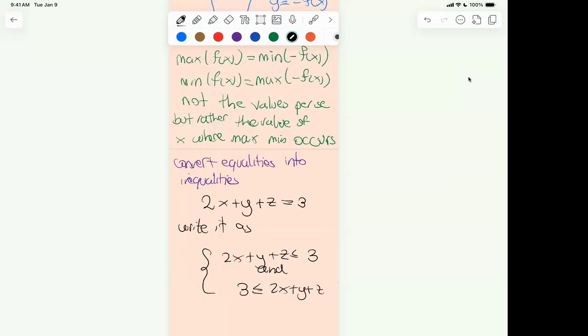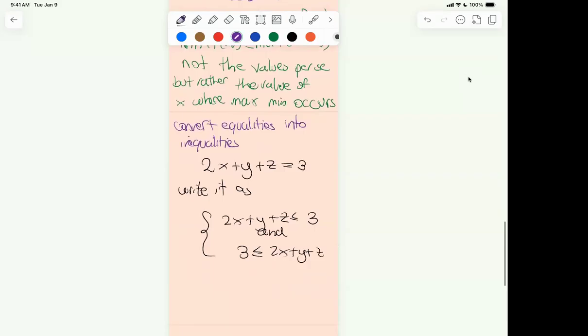I'll write it more algebraically, but it's kind of silly if A is less or equal to B and B is less or equal to A. You know what I mean? In any optimization problem, if you wanted, you can replace an equation by two inequalities. That's going against what we want, to go backwards from inequalities to equality.